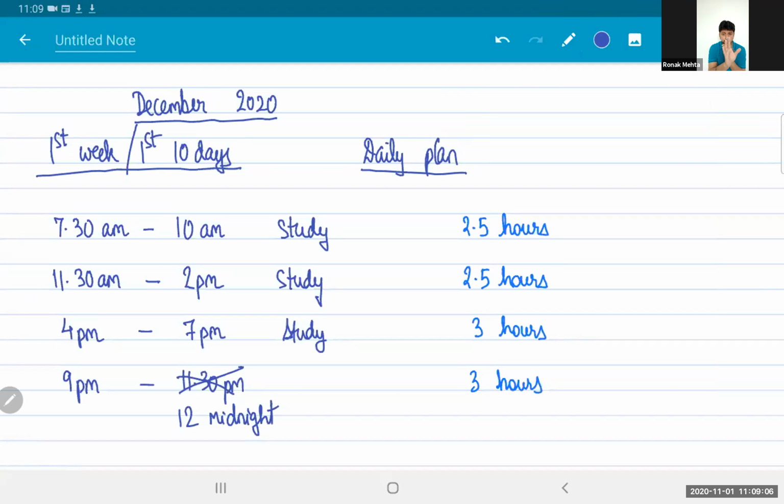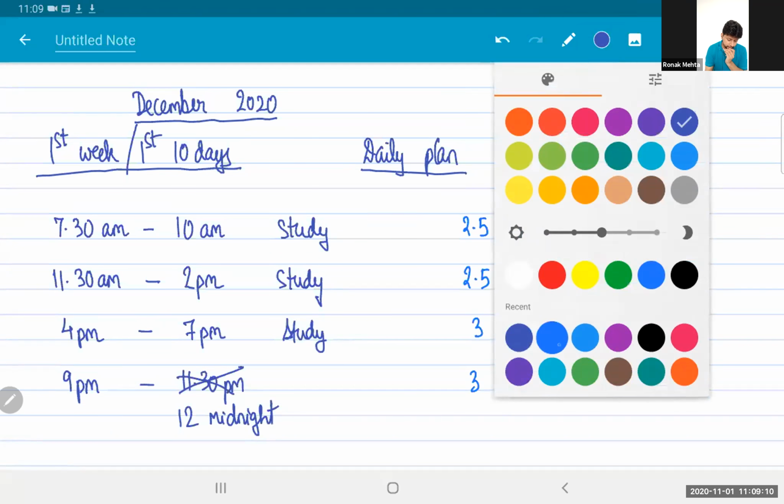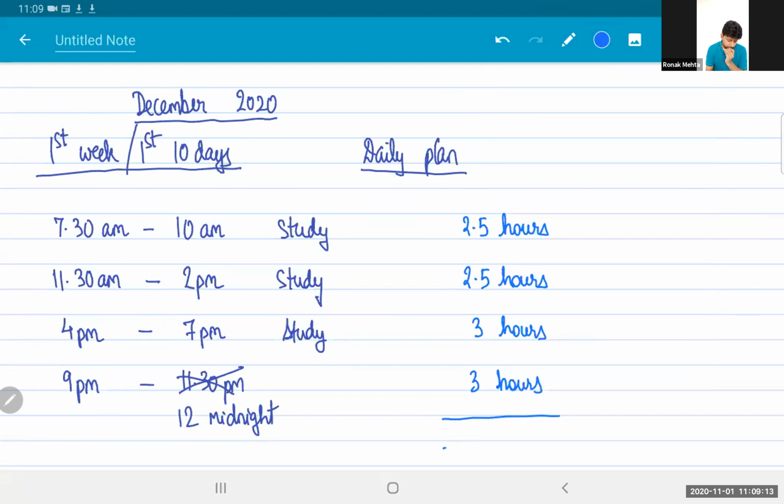And you're still starting your next day at 7:30 only. Now the advantage of this is that this is effectively, in total, 11 hours. Or if I be a bit conservative, I'll make you study up to 11:30 only.